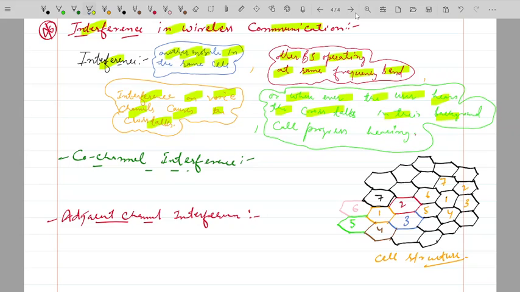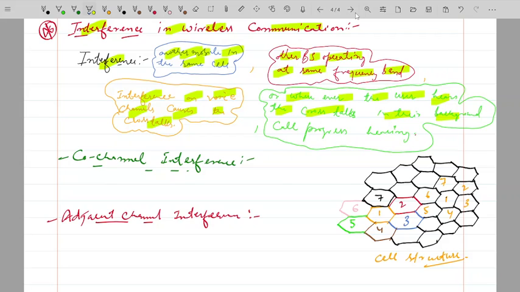Whenever the user hears crosstalk in the background of their call, that crosstalk is the interference, generated by other base stations or other users in the same cell.